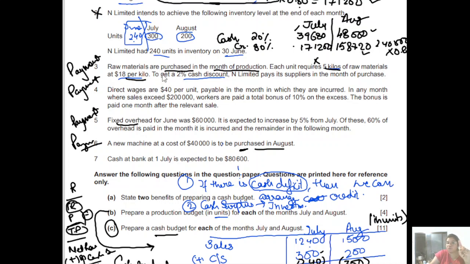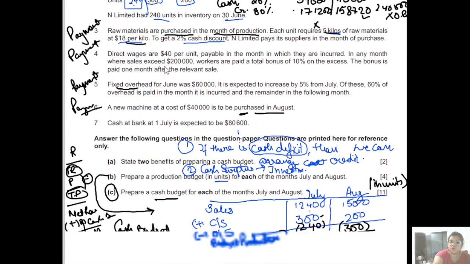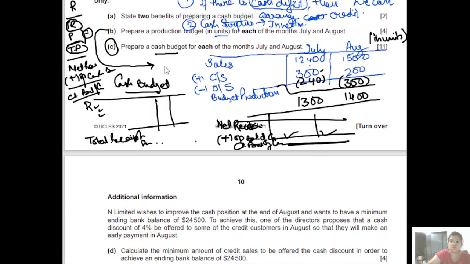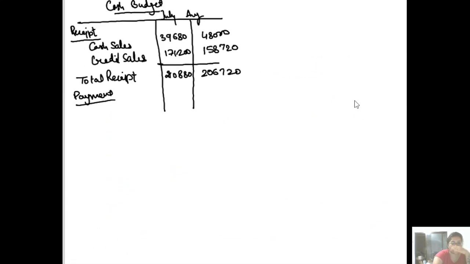Okay, so for that, what is your production unit? Because from here you found it out already, that July production in units is 1,300 and August production is 1,400. So these two units you know very well, so you have to write it like this: payment for raw material.